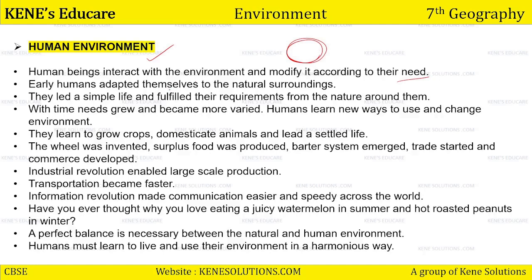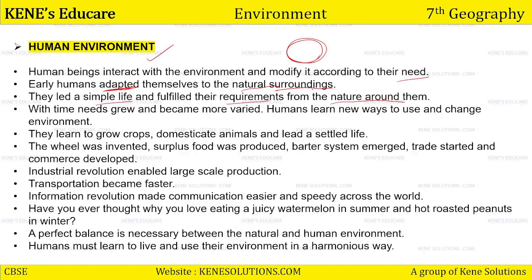Early humans adapted themselves to the natural surroundings. जैसी भी natural surrounding होती थी, humans used to adapt. जो early humans थे, they used to adapt themselves according to the natural surroundings. They led a very simple life and fulfilled their requirement from the nature around them. Okay, and it's very laudable also that early humans did not try to deteriorate the natural surroundings.